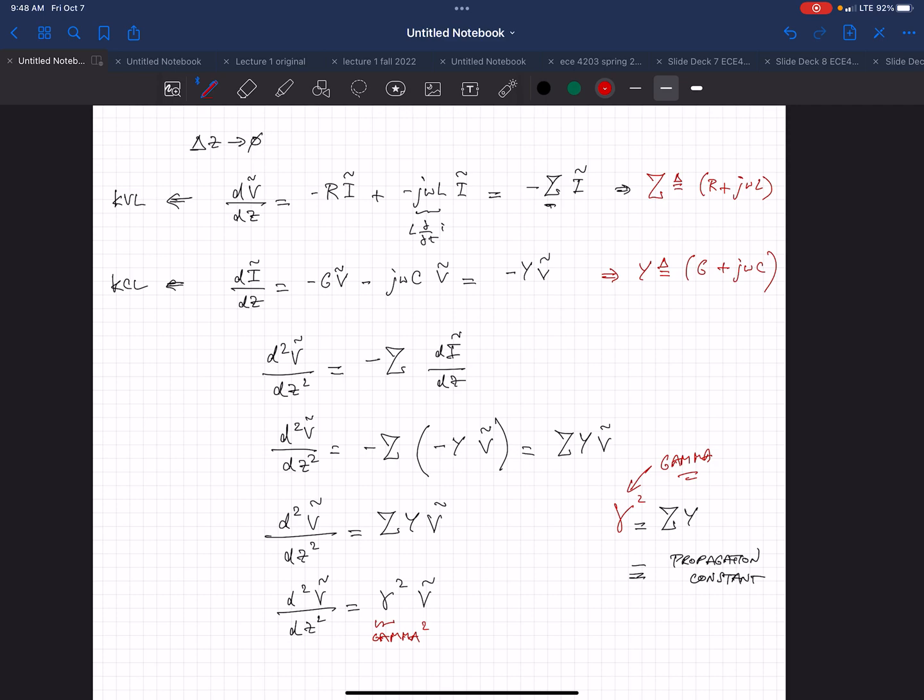Between here and here, I just plug this in. This dI over dZ is minus YV, so I plug this in for that. Okay.